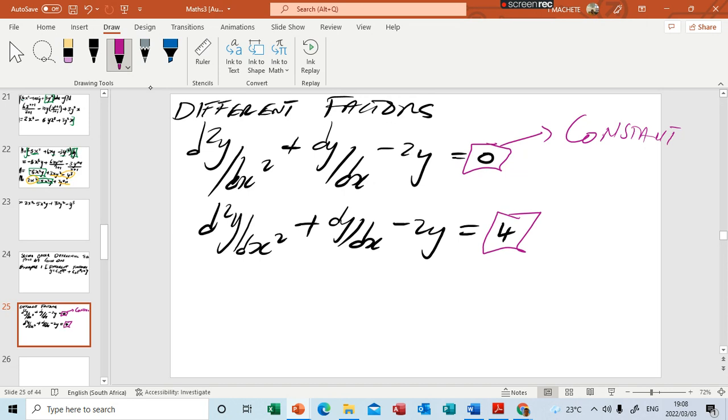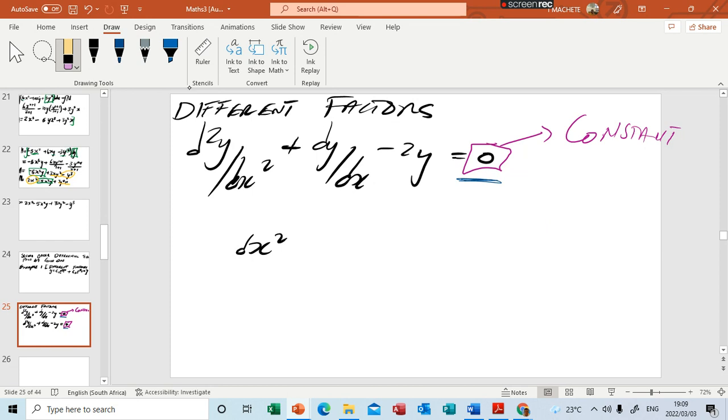But then in this case, we're gonna start with this one where it's equated to 0. We're gonna get to this one. But first, we need to do the one where it's equated to 0. That's where we're gonna start. I'm gonna show you this one. So this one has got different factors.